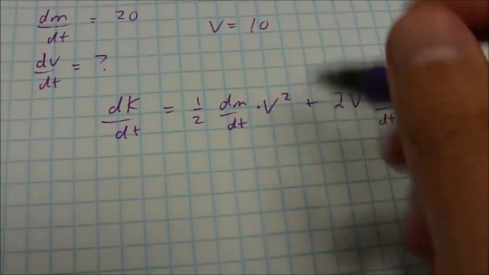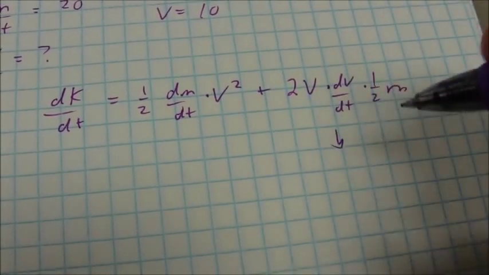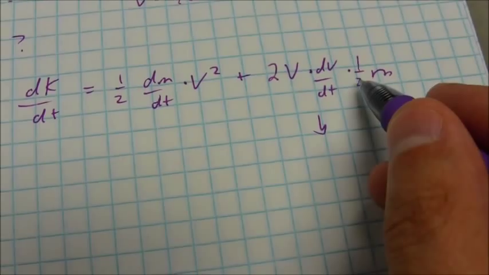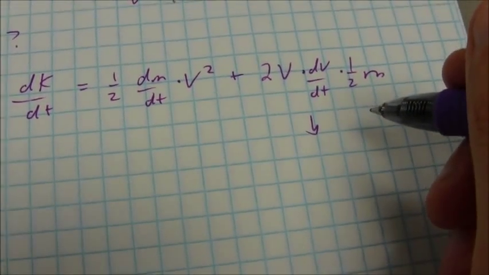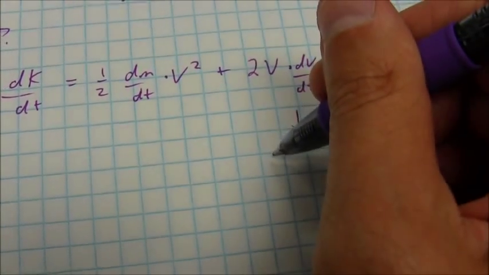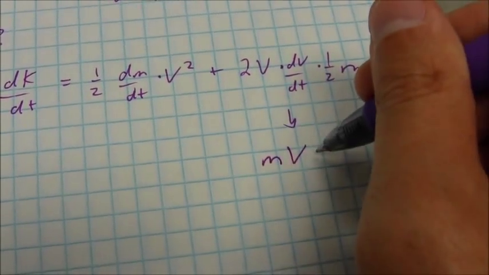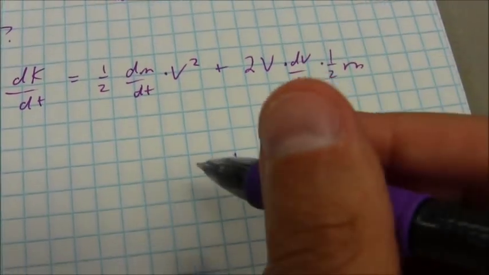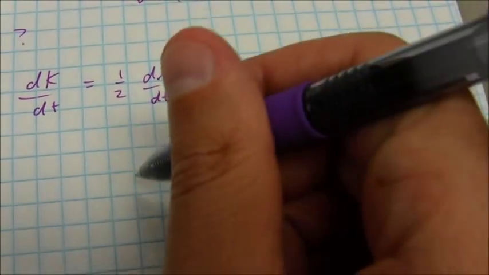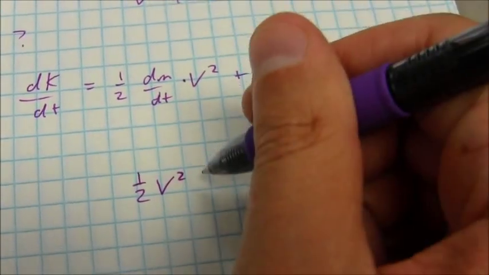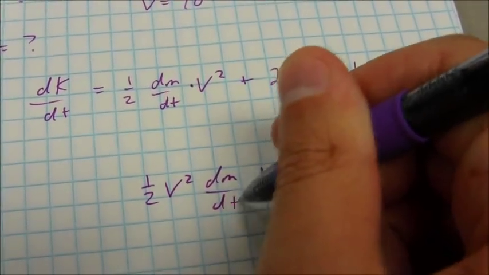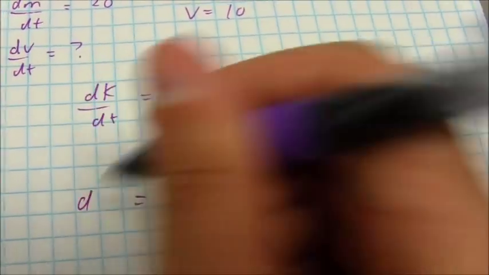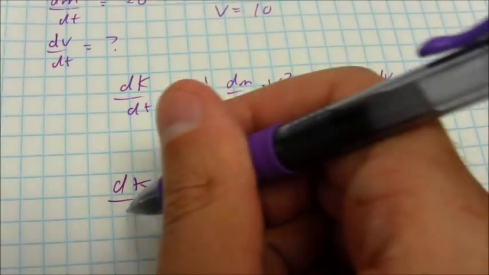A lot of simplifying here I can do. In this case, 2 times 1/2 is 1, so I'm just going to have mv times dv/dt plus I'll write this as 1/2 v squared dm/dt equals dK/dt.